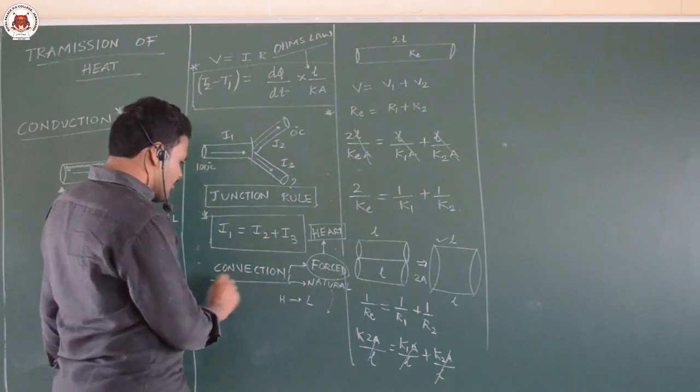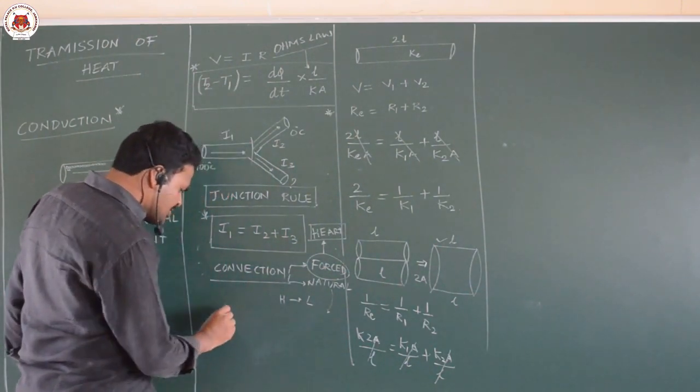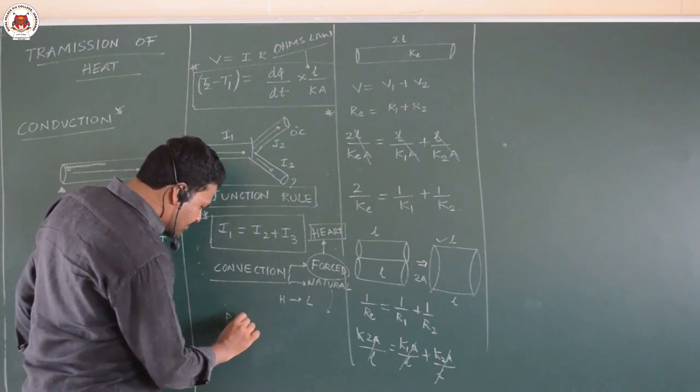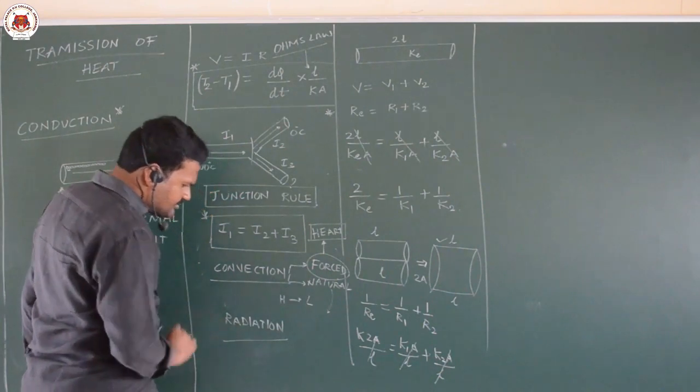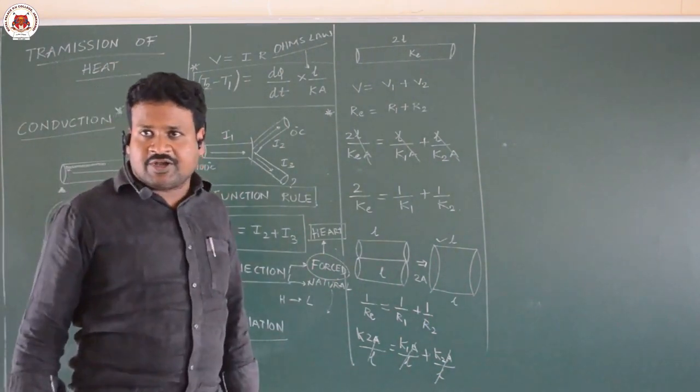So this is convection. The next type of transmission of heat is radiation. The transfer of heat in the form of electromagnetic waves is called radiation.